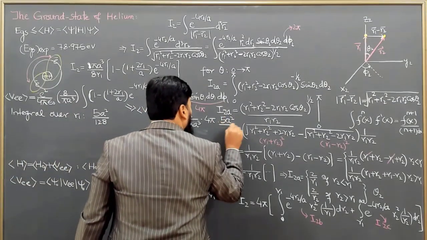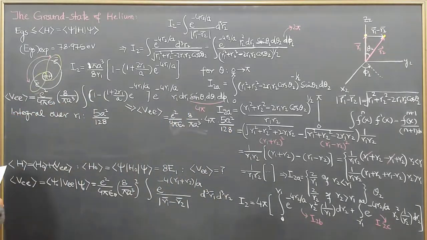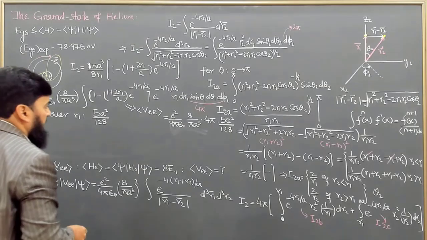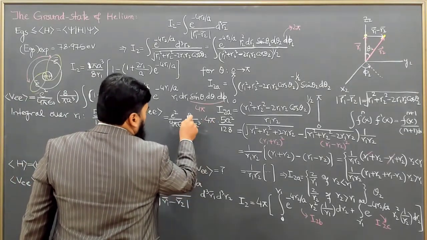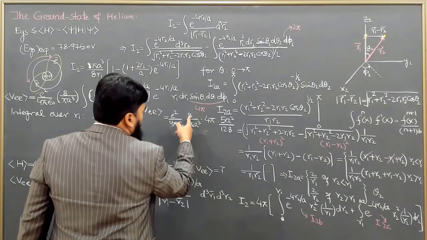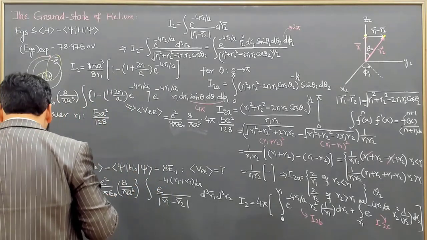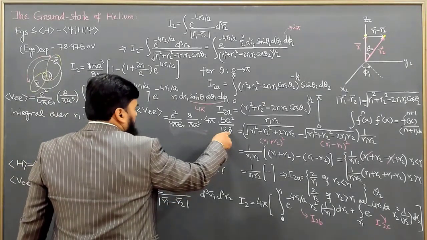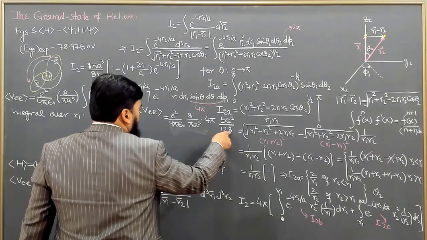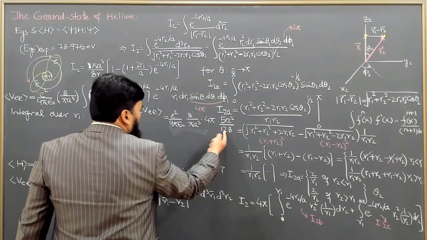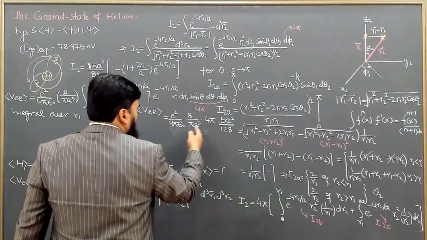We are going to simplify this one as we see that 4 multiplied with this gives 32. 32 simplifies with this 32, and we have the pi simplification here.